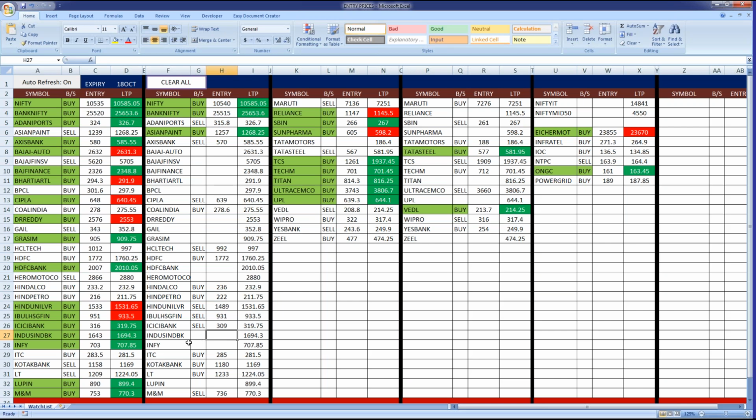And ICICI Bank, both my short-term and long-term are buy calls. I don't know what's happening in HUL. HUL is flat, so a difference of 1 rupee here. So this is how we trade.